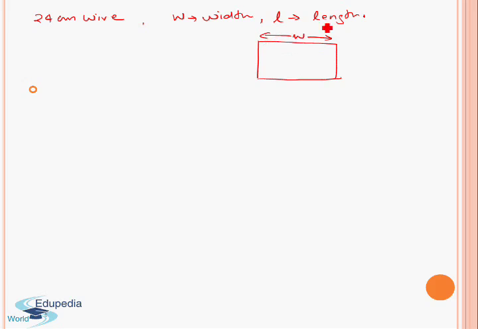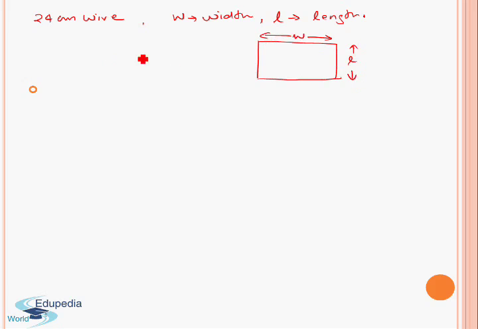For that, let W be the width of the rectangle and L be its length. Now let's draw the rectangle here. So this will be width W and this will be length L.